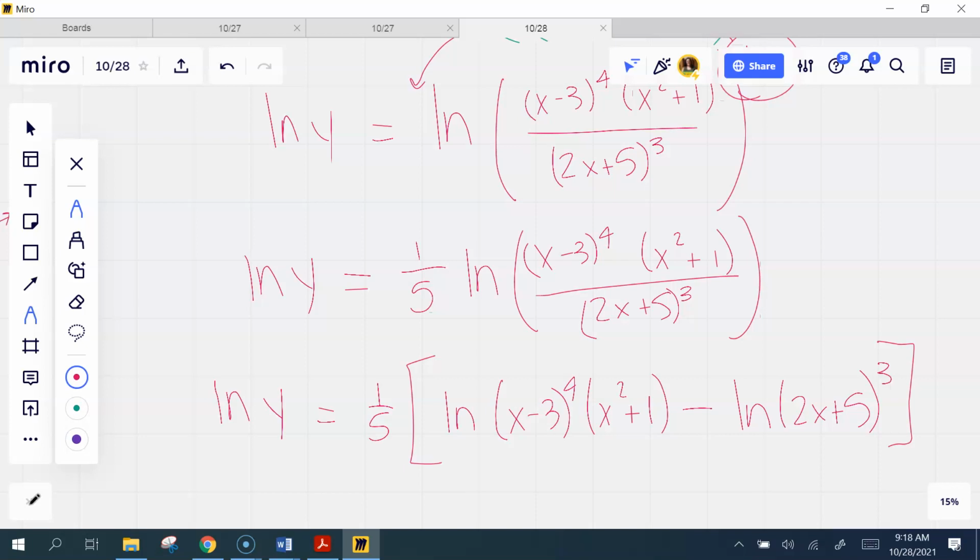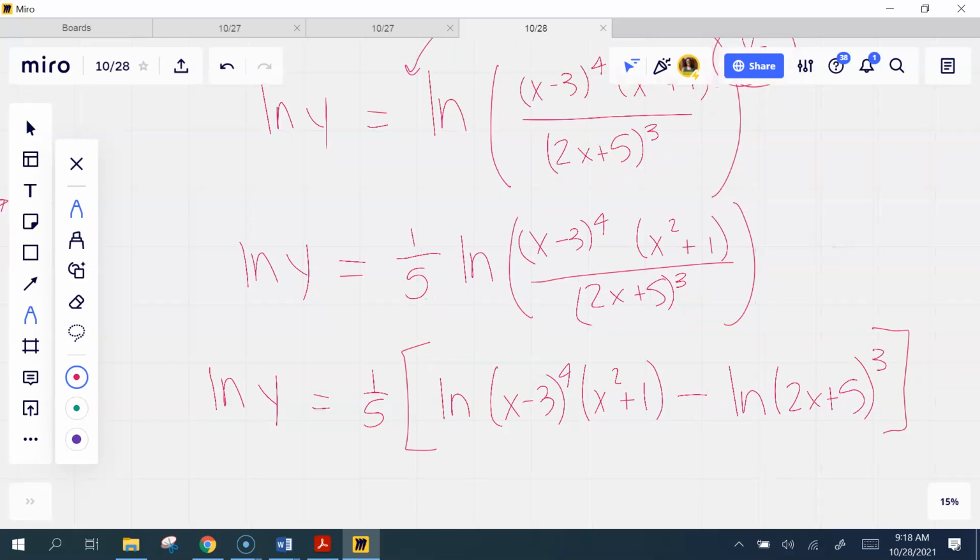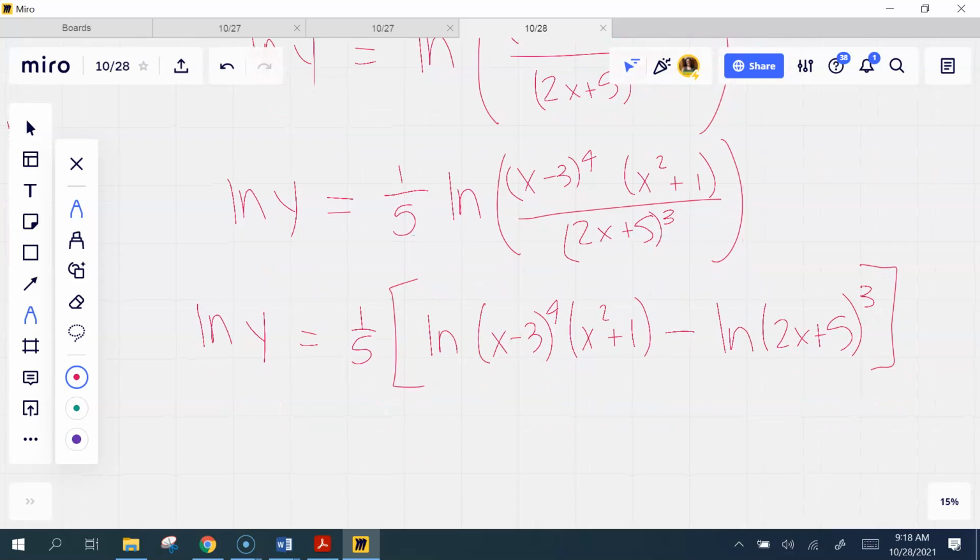Right now, if I tried to derive this and chain rule it, I would be in some nasty territory. Not yet. We're not even going to use quotient rule. I can break it down even further because this is multiplied. I can split that up with addition.